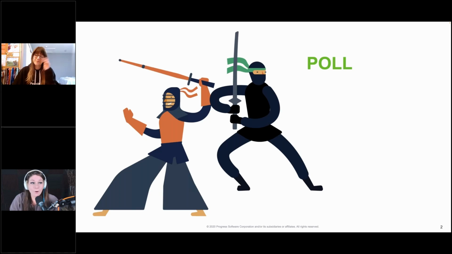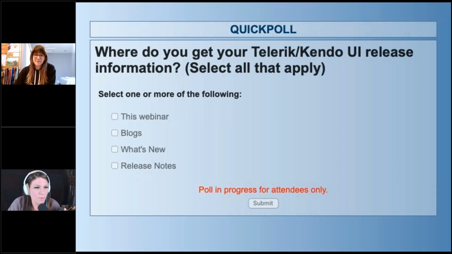But we are going to kick things off with a poll. I think we have 3 polls today. So before we dive in to the juicy details, do we have a poll in progress? Awesome. Our question this time is, where do you get your Telerik/Kendo UI release information?